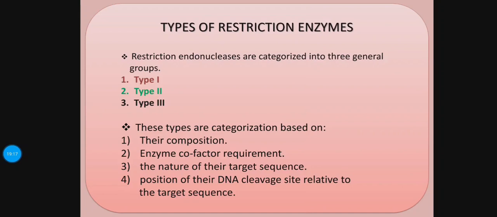So let's move on to the types of restriction enzymes. Restriction endonucleases are categorized into three general groups: type 1, type 2 and type 3, and they are categorized on the basis of their composition, the enzyme's cofactor requirement for their full activity, the nature of their target sequence, and the position of their DNA cleavage site relative to the target sequence.